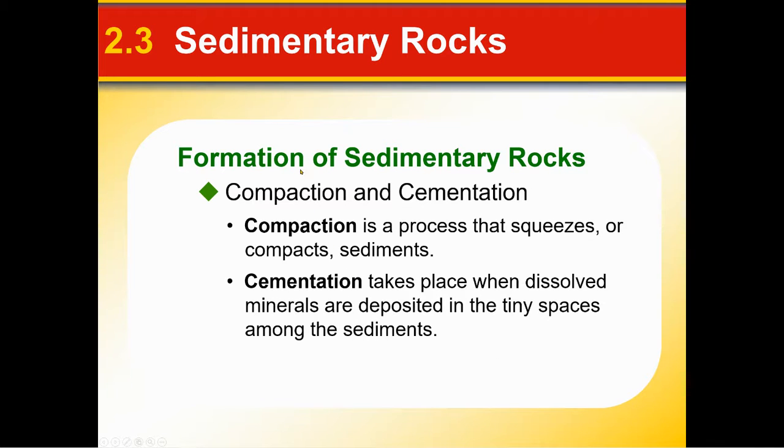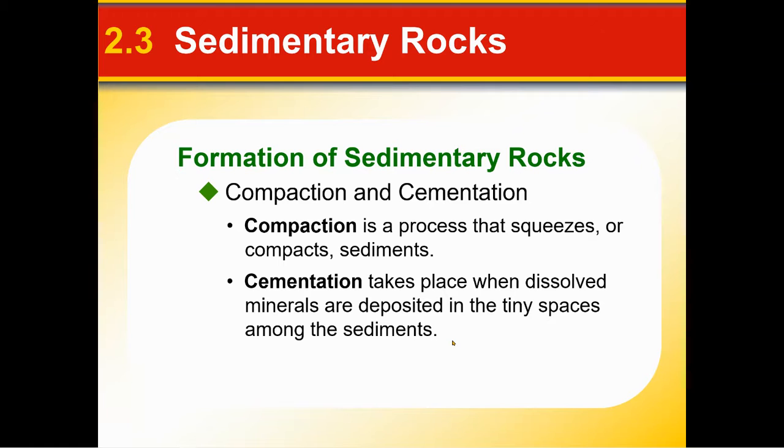After we have deposition, we get compaction and cementation. Compaction is a process that squeezes or compacts sediments. Cementation takes place when dissolved minerals are deposited in tiny spaces among the sediments. I always use this as an example: think about a snowball. When you pick up loose snow to make a snowball, you have to crunch all that empty space out of there.